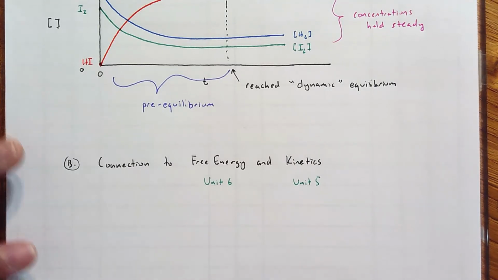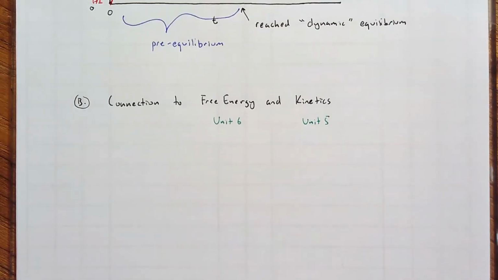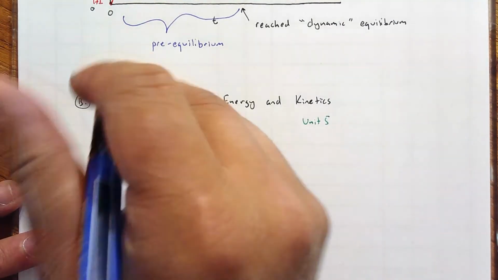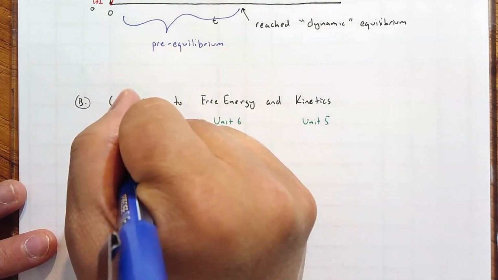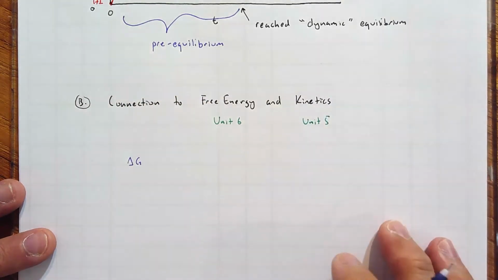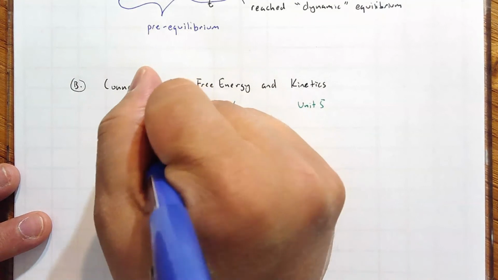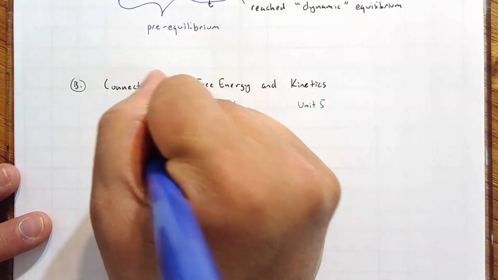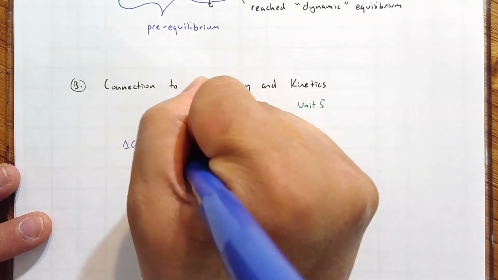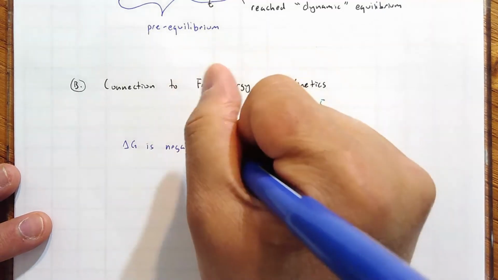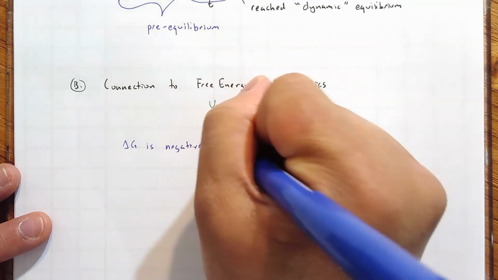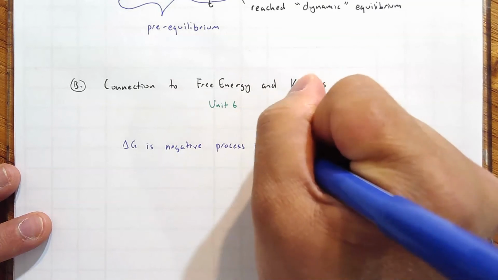Let's start with free energy. We know that for delta G, for a reaction to be spontaneous, all of this is review. If delta G is negative, the process is spontaneous.